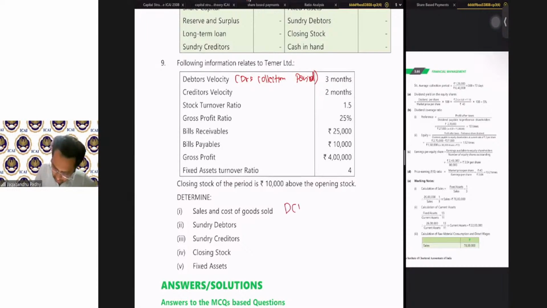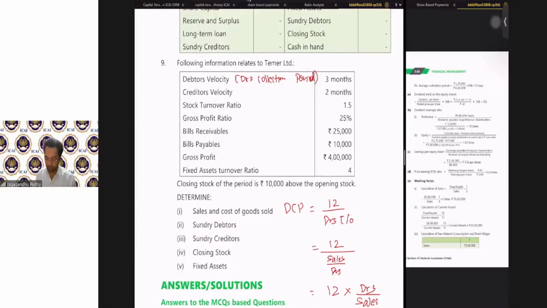So we know the debtors collection period, since it is in months, is calculated as 12 upon debtors turnover. And debtors turnover means sales upon debtors. So debtors collection period is basically 12 into debtors upon, of course, the credit sales. Same goes with the creditors payment period as 12 into creditors upon purchases.